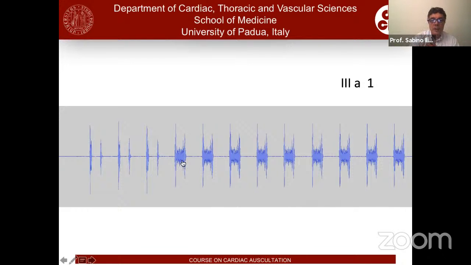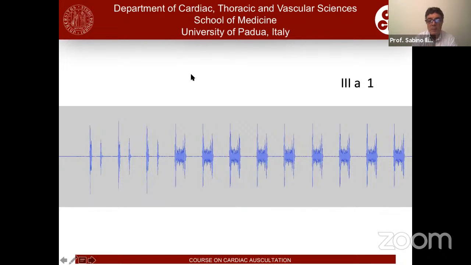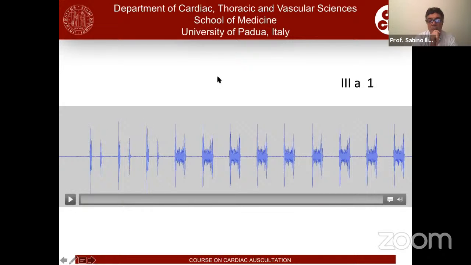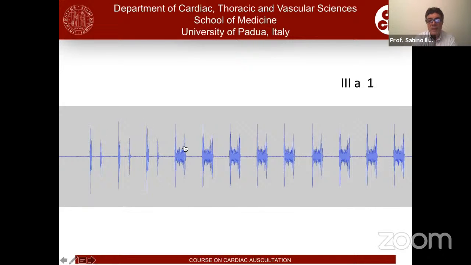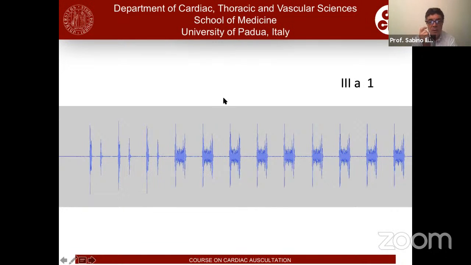You will hear the phonocardiogram with 3 beats without the murmur, and then the murmur will appear. Of course, this does not happen in a patient, but this is an electronic filtering of the murmur to facilitate its appreciation when it appears.